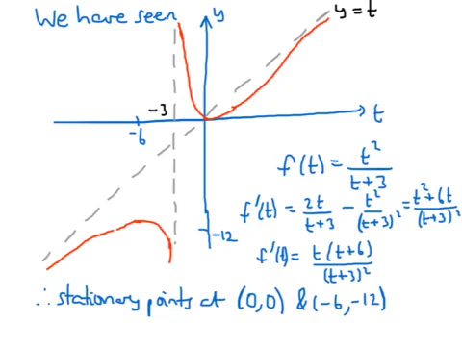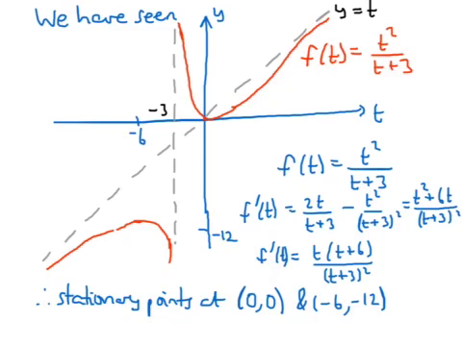So this is the sketch of our function, and our function f of t is t squared over t plus 3. And we don't really even need to calculate the second derivatives to show that this is a minimum and that this point here with these coordinates is a maximum.